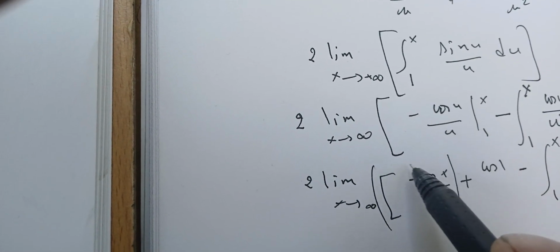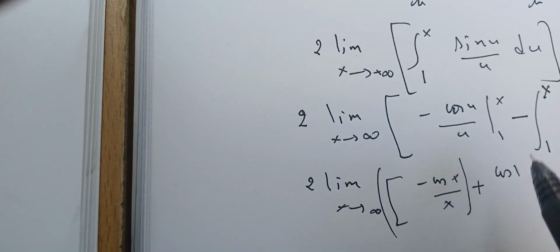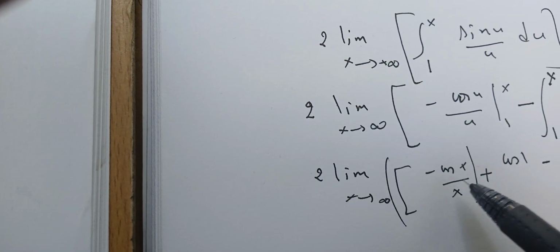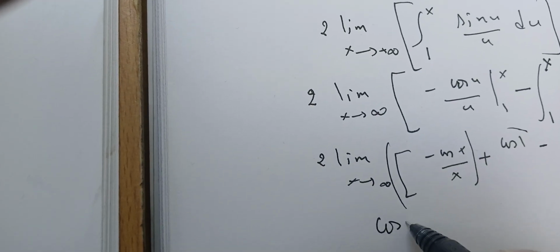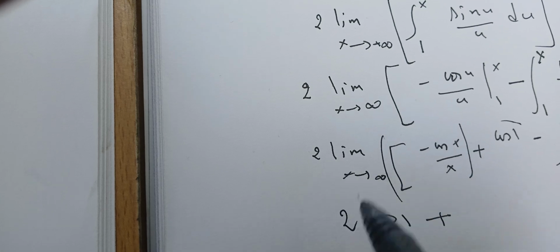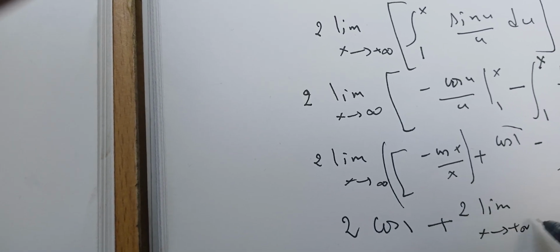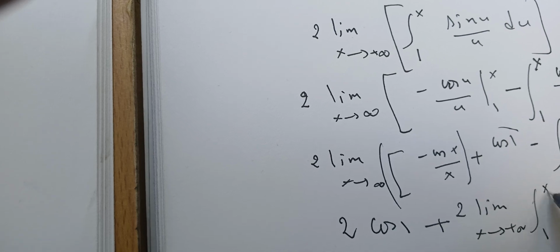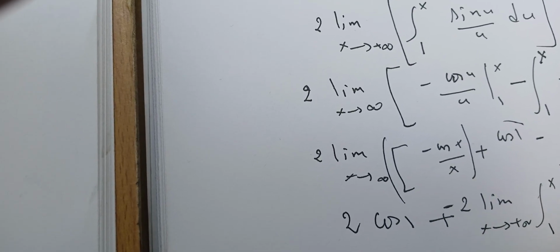Here the limit of cosine x over x when x goes to infinity is 0. So I'll be left with 2 cosine of 1, sorry, because I need to have these two, plus the limit as x goes to infinity of minus the integral of cosine of u over u squared du.